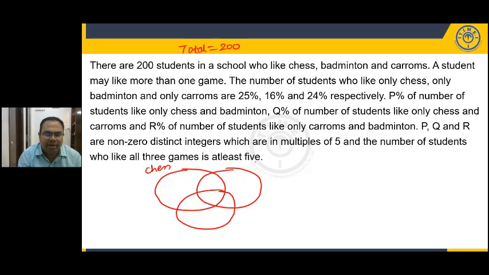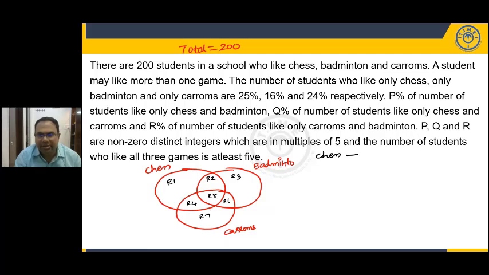In reasoning, or in your school days, you might have come across this Venn diagram. Now, friends, if I take this as region 1, region 2, region 3, region 4, region 5, region 6, region 7, just for understanding.